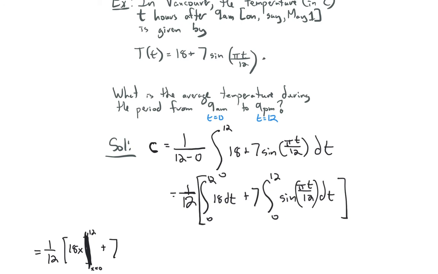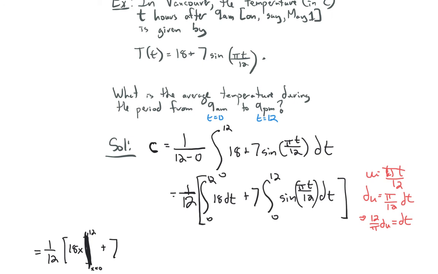So let's do a little substitution. u is going to be pi t over 12. So du is going to be pi over 12 dt. So I need to take out a pi over 12, or you can even rearrange this and say that 12 over pi du equals dt. So we can look at our substitution like that.